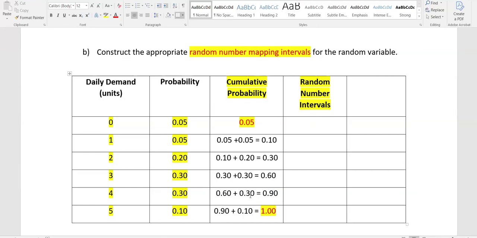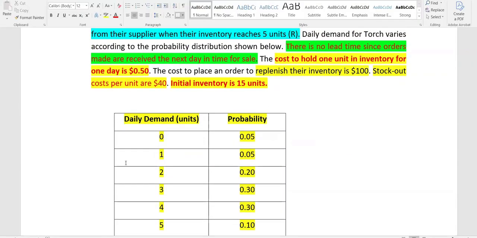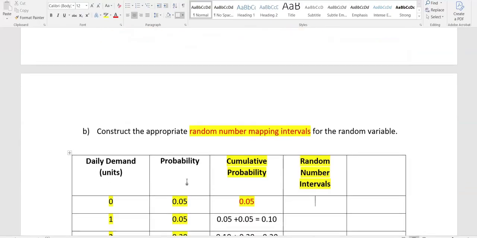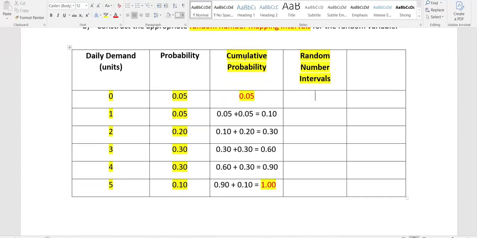The original table is demand and probability. To that table, just add an extra column called cumulative probability and compute the cumulative probabilities as we did here. Then add a second column called random number intervals. You're going to see how it becomes important soon.